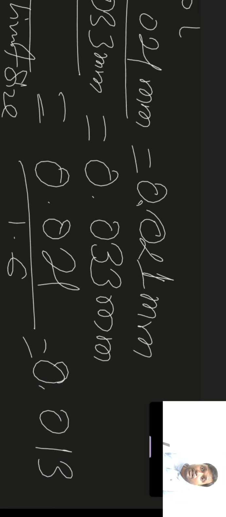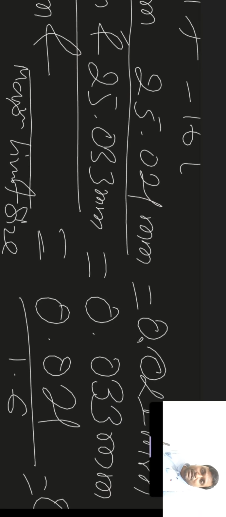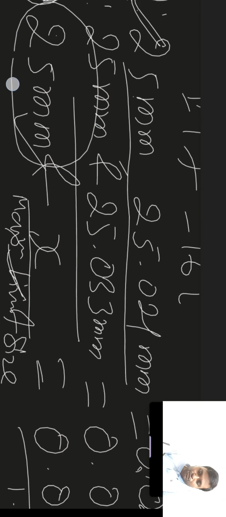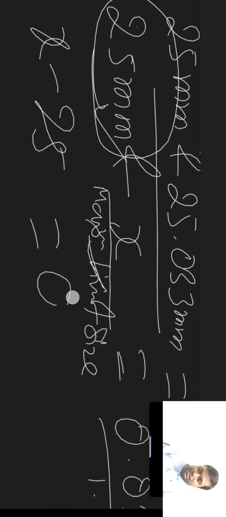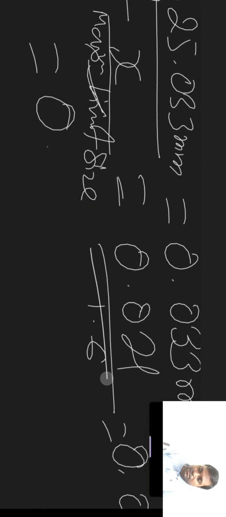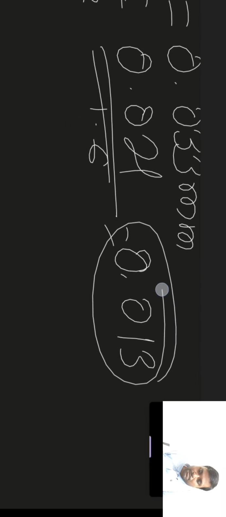This is the tolerance. And what is tolerance? Tolerance is maximum limit size minus minimum limit size. The maximum limit size is not known, let's say it's x. The minimum limit size is 25, so x minus 25 is 0.013 mm.